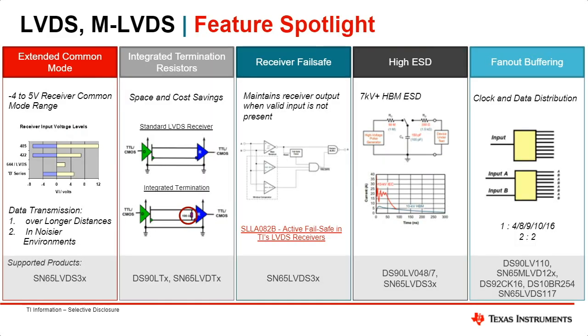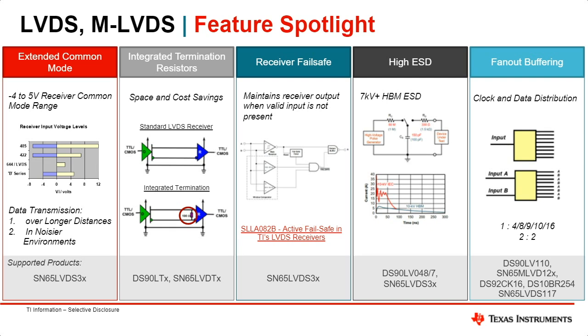There are a couple features I want to highlight here, and I'll start from left to right. The first feature is the extended common mode range. So we have a receiver family of LVDS devices that support the common mode range of -4 to 5 volts.